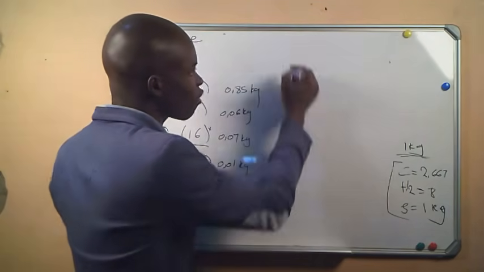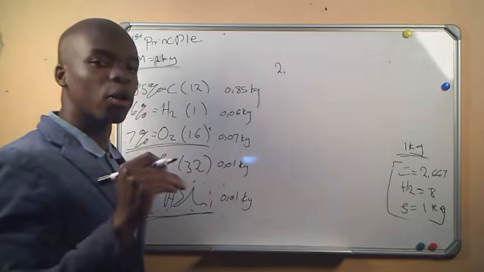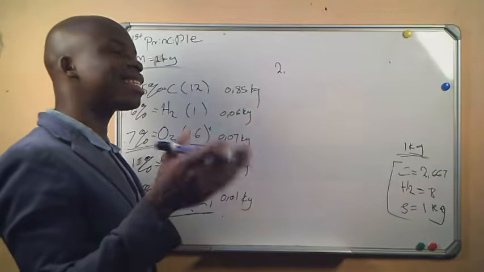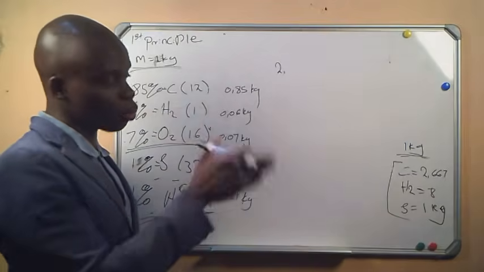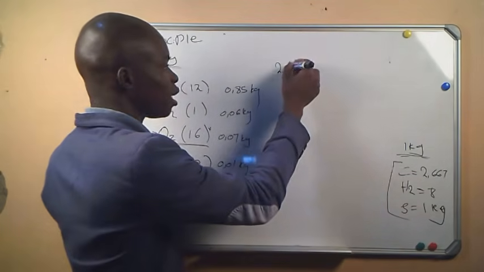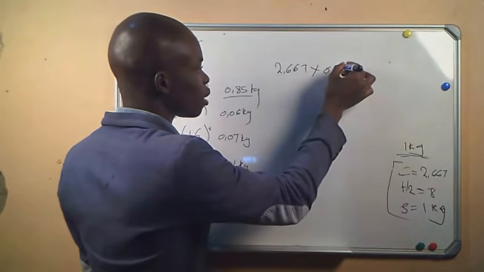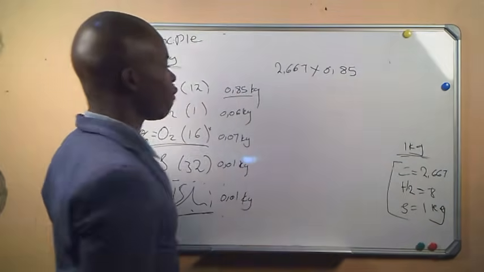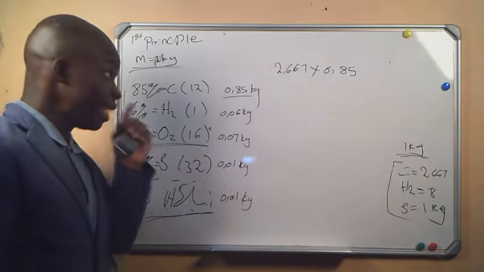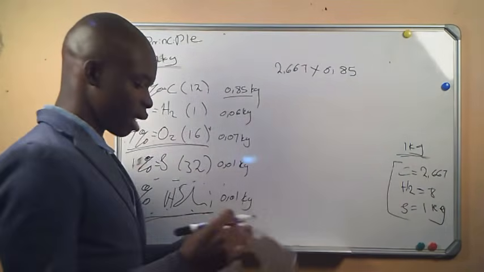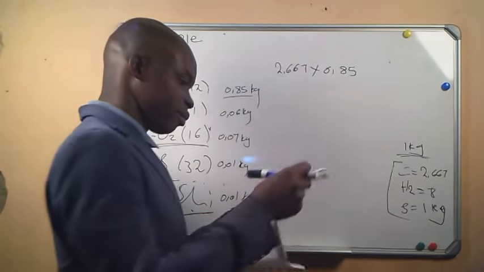And then we take the amount of oxygen that will be needed by carbon when it undergoes combustion, for 1 kg, and we say 66.7 times this 0.85 to get the correct amount of oxygen that the carbon will need in our case. And then we get, let me check the answers, bear with me.